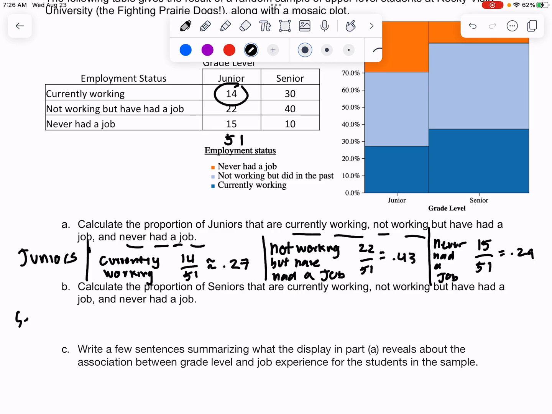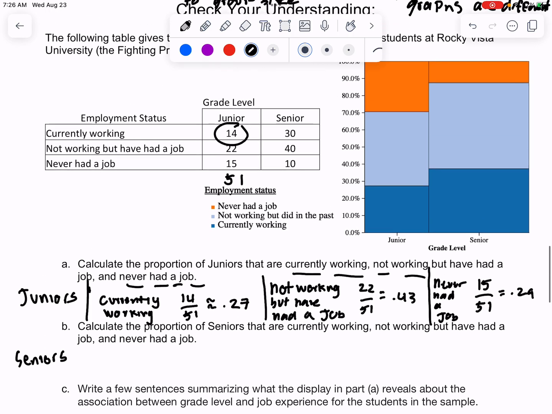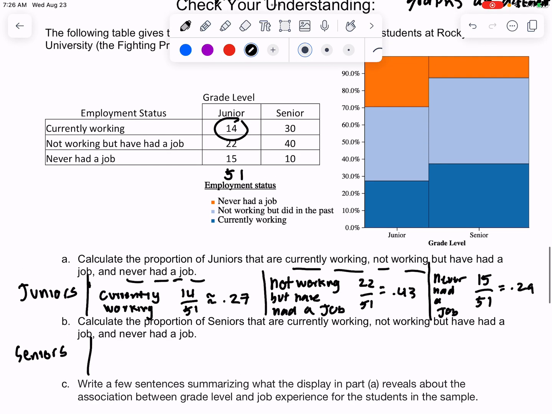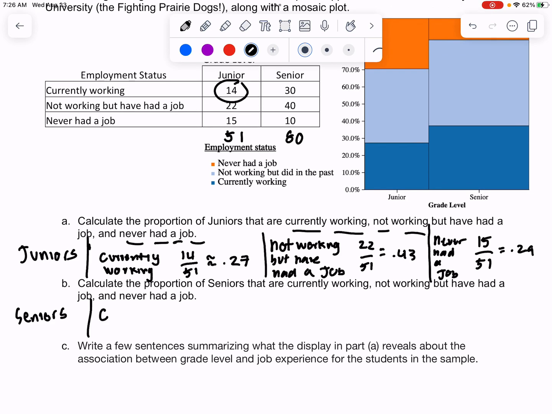Now let's do seniors. So it's a conditional frequency again. How many seniors are there? There's 80 seniors. So currently working, well, that would be 30 out of 80, which, put that in your calculator, you get 0.38, or 38%.